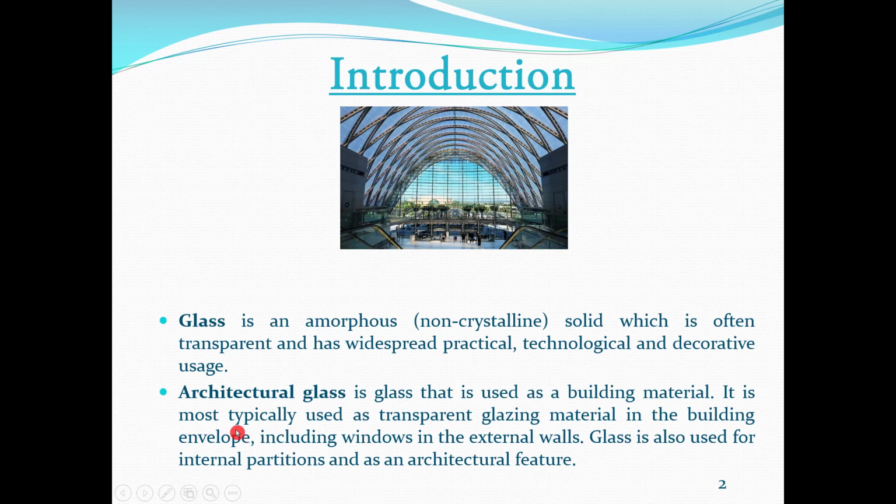It is most typically used as transparent glazing material in the building envelope, including windows in the external wall. Glass is also used for internal partitions as an architectural feature. So you get a clear idea that glass is mainly used for aesthetic reasons.